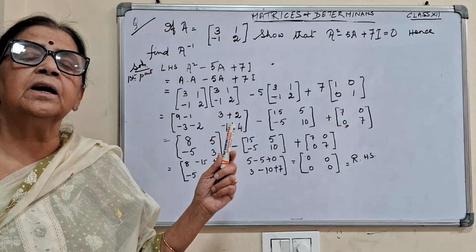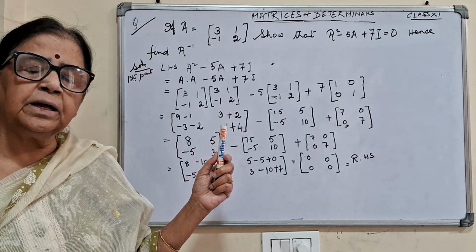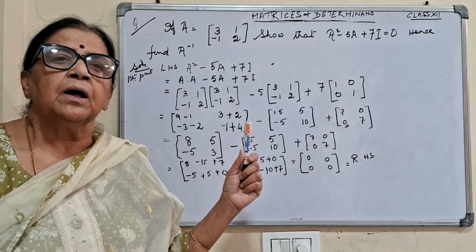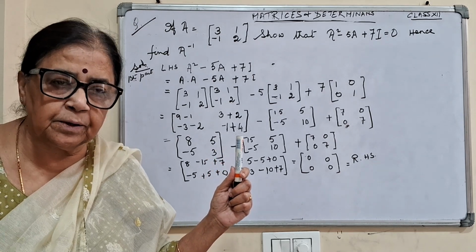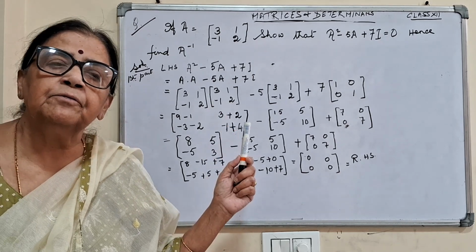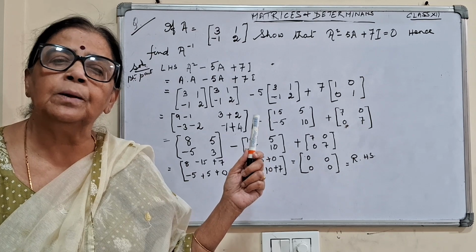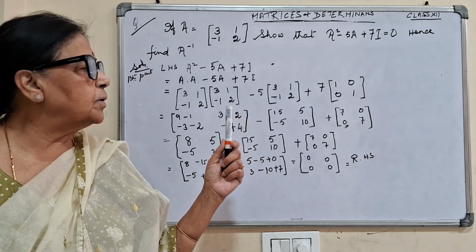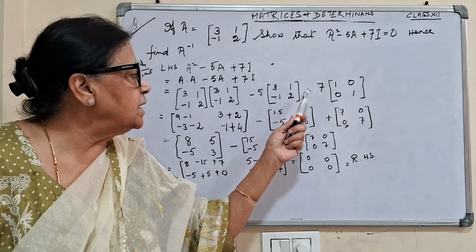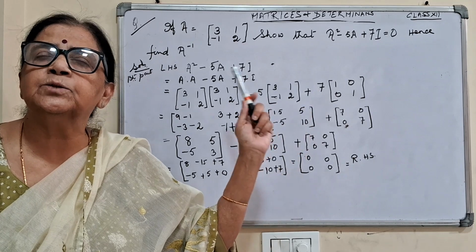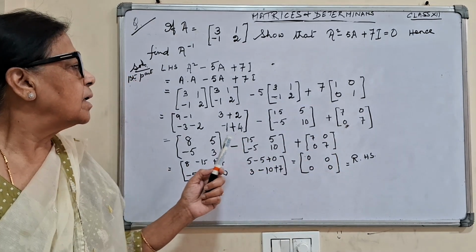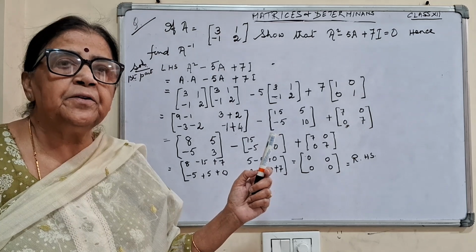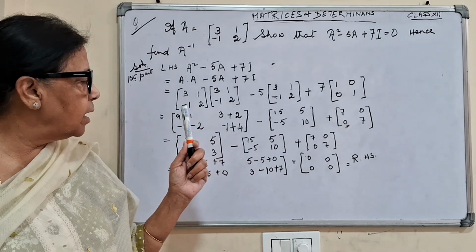If a matrix is multiplied with a number, each and every element of the matrix will be multiplied. Similarly, 7I is 7 times 1, 0, 0, 1, the unit matrix of order 2.